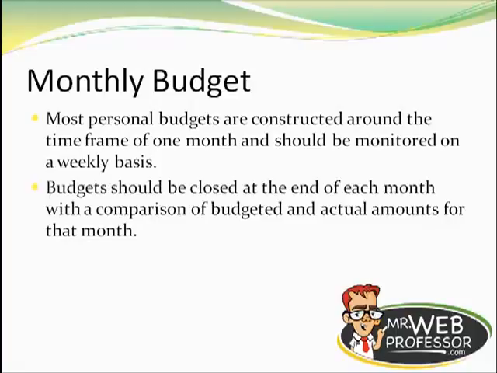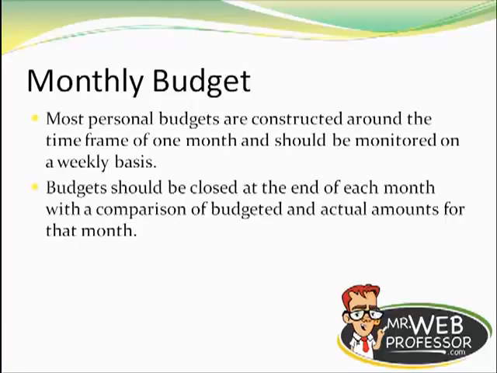Budgets should be closed at the end of each month with a comparison of budgeted and actual amounts for that month. So what we mean here is that we project our income in our planning for a budget, but our income may change. And if it changes, we need to know what we planned on having versus what we actually got in. And the same with the expenses.